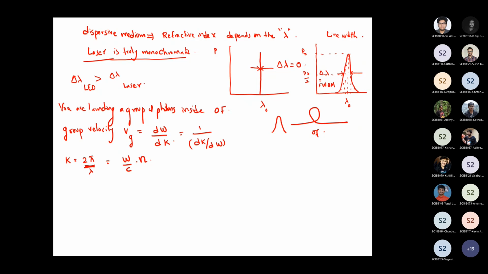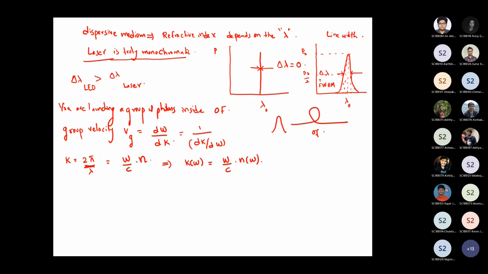In fact, for a dispersive medium, k is always a function of omega, and since n is also a function of omega, you can write this expression as k of omega equals omega by c into n of omega.